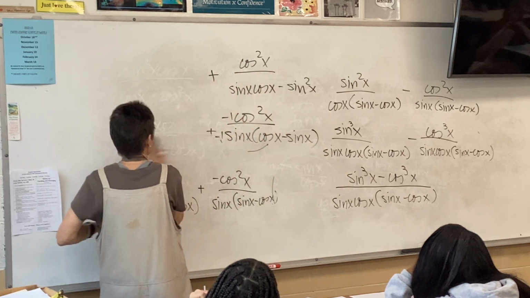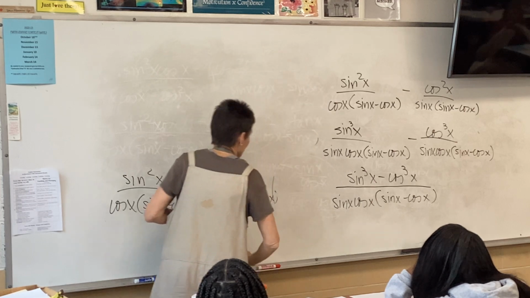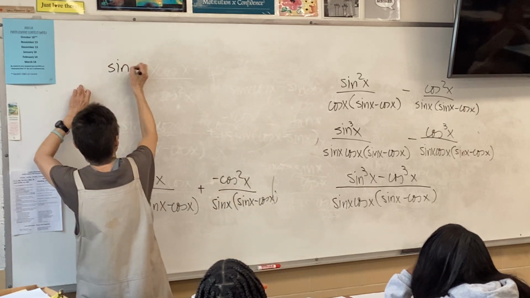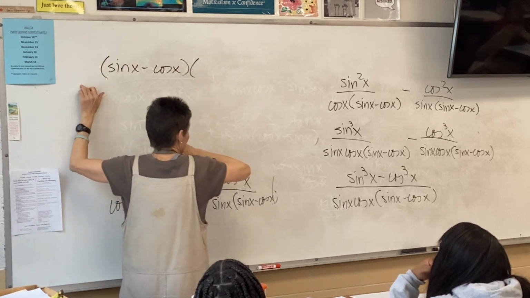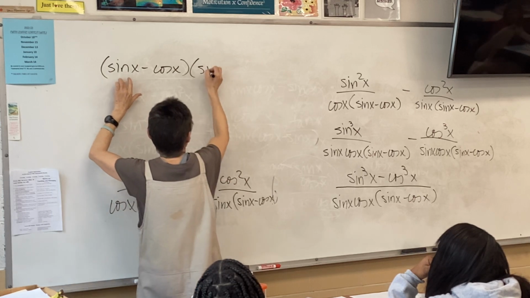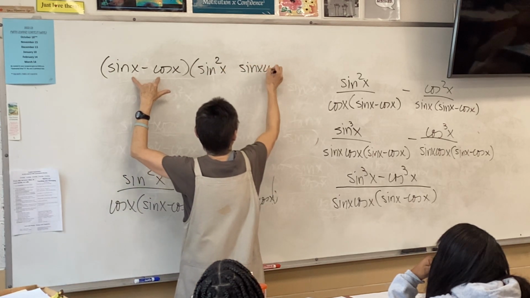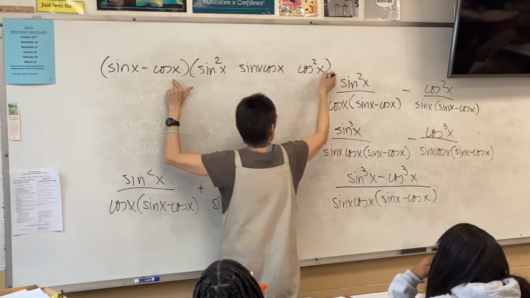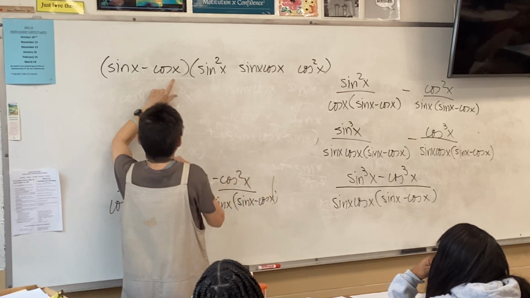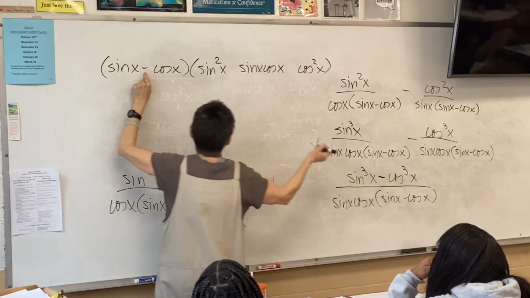Let's start back up over here, I guess. Okay, so when we factor the difference of cubes, we take the cube root minus the cube root, so it's going to be sine minus cosine. And then we square the first one. We multiply them together, and we square the last one. And then this is where the soap comes in. That sign is the same as the problem.